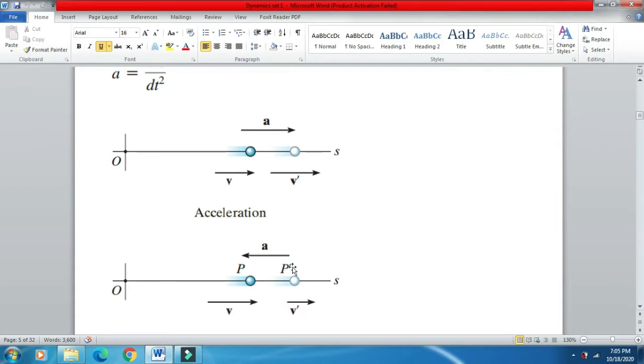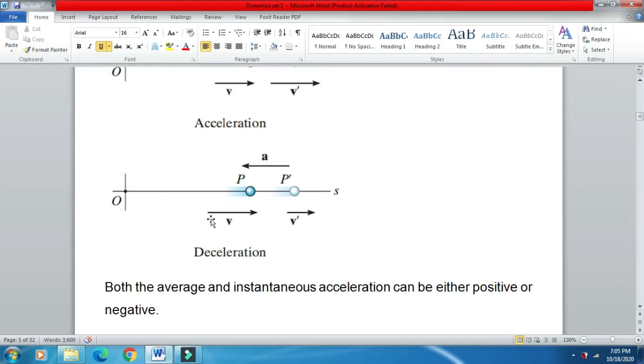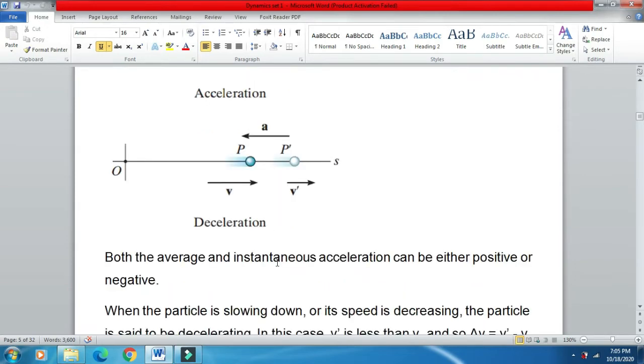If the velocity is decreasing, the acceleration will be negative, and the direction of the acceleration will be towards left. Even though the particle is moving in the positive direction, the direction of acceleration is in the opposite direction. So this will be considered as the acceleration.